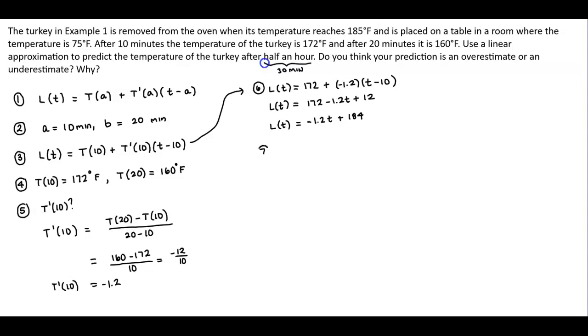So now we want to find out, what is the temperature after a half an hour? What is the temperature after 30 minutes? That means we're going to let t equal 30, and we're going to plug it into our formula. So we have L of 30 equals negative 1.2 times 30, plus 184.